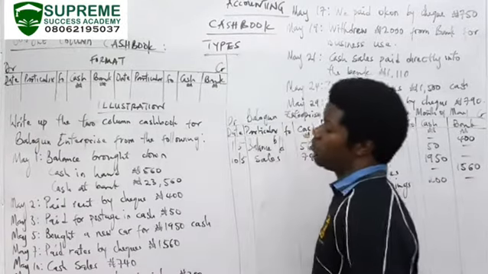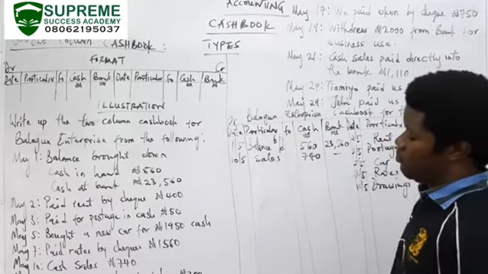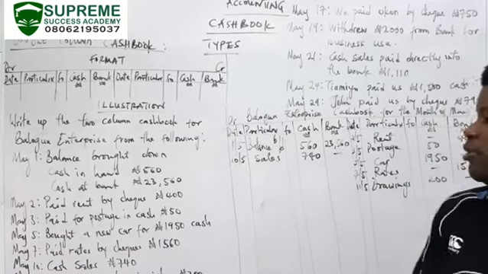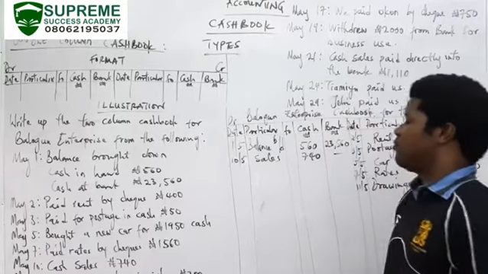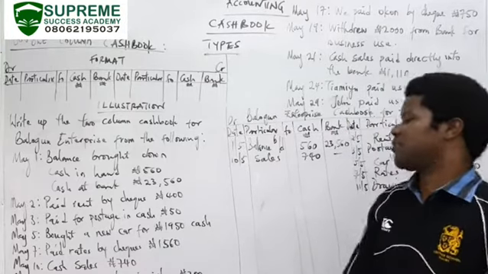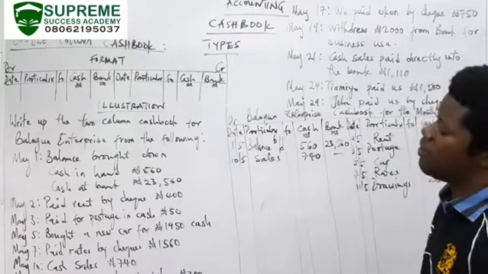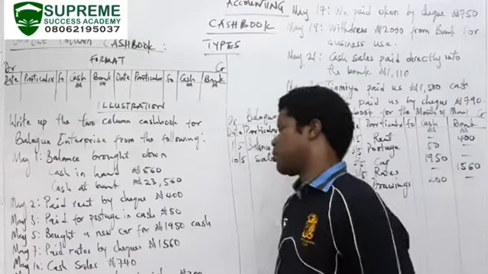And then we move on to the 15th of May, cash paid into bank. This is a special transaction, and it is normally recorded under the contra entry record.